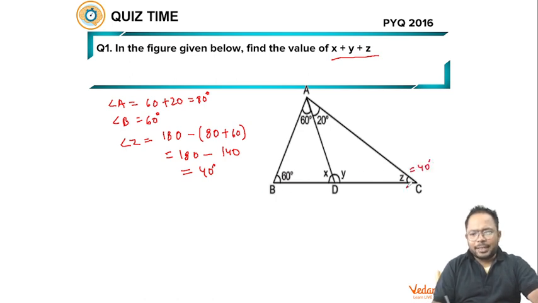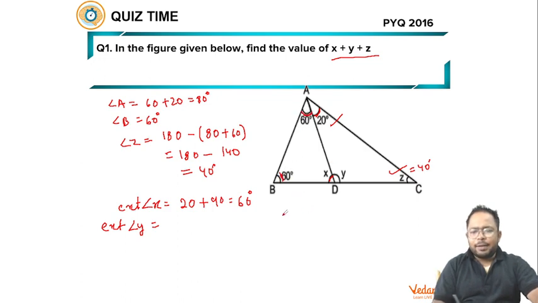Now if Z is 40 and this part is 20, then angle X is the exterior angle, right? So the exterior angle is equal to the sum of the two interior opposite angles. This is one of the interior opposite angles, and this one is the other. So 20 plus 40 is 60 degrees. Similarly for exterior angle y, the sum of this angle and this angle gives the y value.